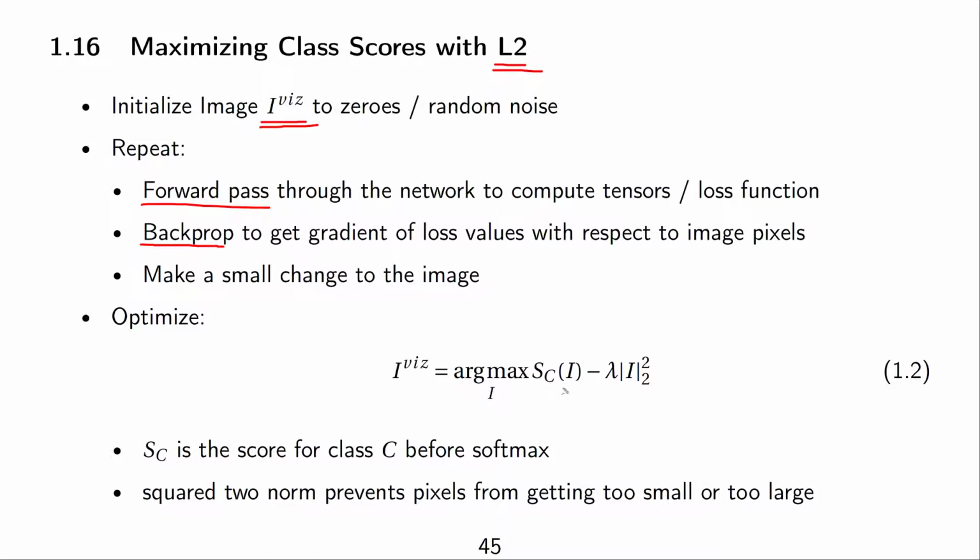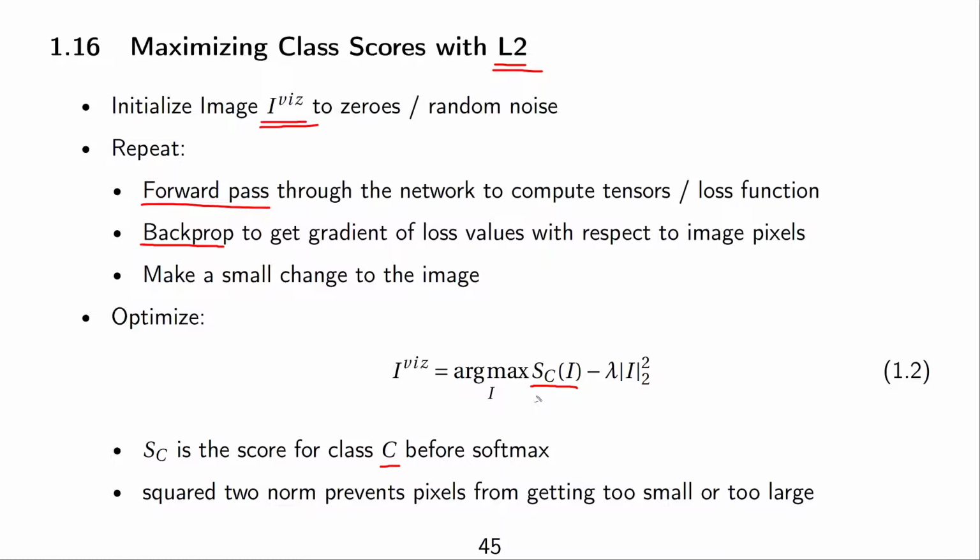And what we're going to optimize is this S_c(I). So let's say this is the score for class C before softmax. I mean, we could do other tensor values here, but in this example, we try to create a response.